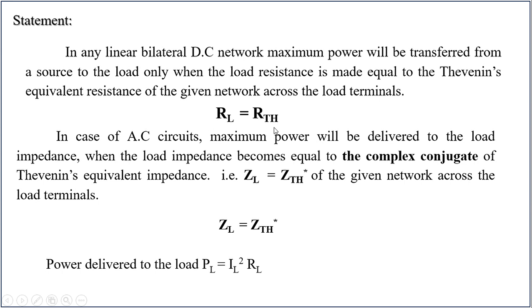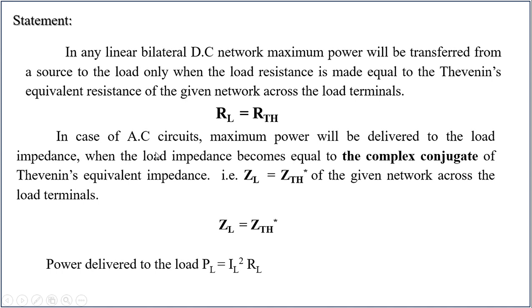We know how to find the Thevenin's equivalent resistance. It is the resistance found by replacing the voltage sources and current sources with their internal impedances. So when it comes to DC, if the load resistance is made equal to the Thevenin's equivalent resistance, then maximum power will be delivered to that load.